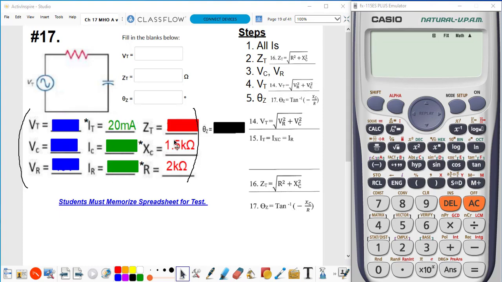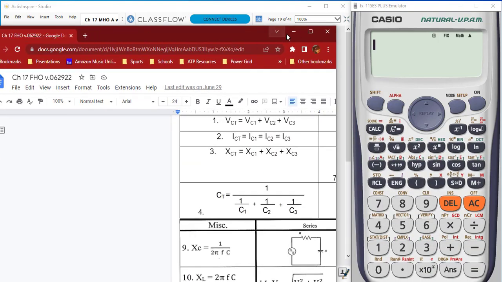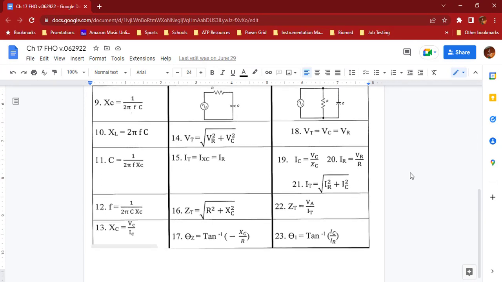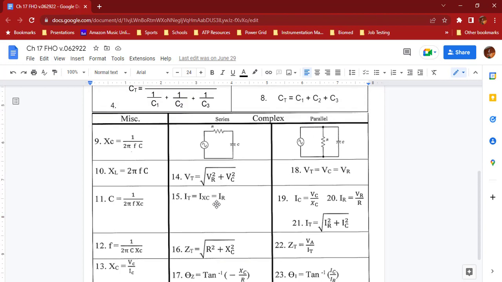Alright, I'm taking my known values from the Chapter 17 math handout, problem number 17, and I'm using the formulas from the Chapter 17 formula handout. Now make sure when you're looking at your formula sheet that you only use formulas 14, 15, 16, and 17 for the series complex.